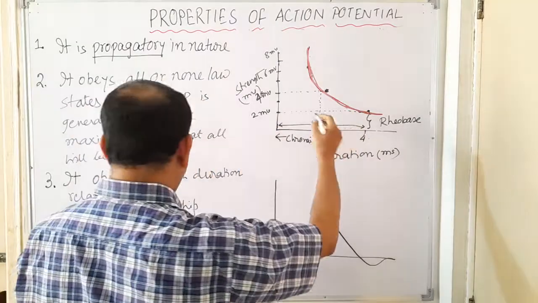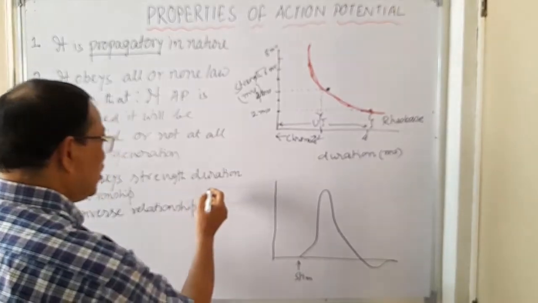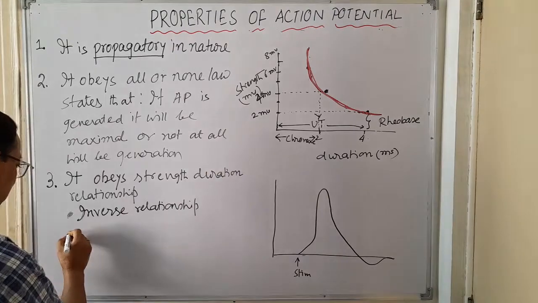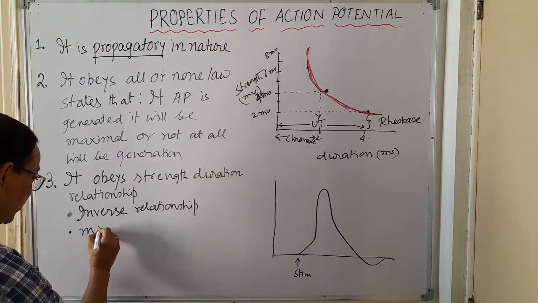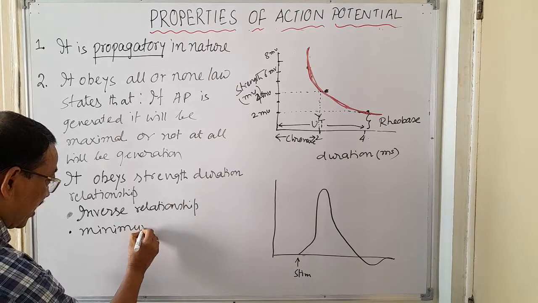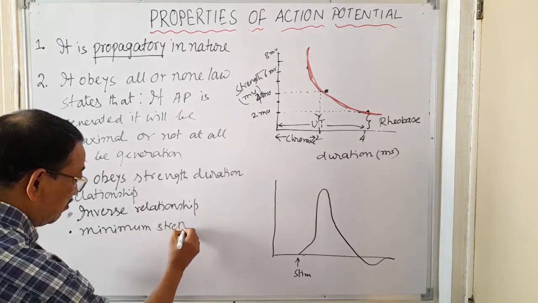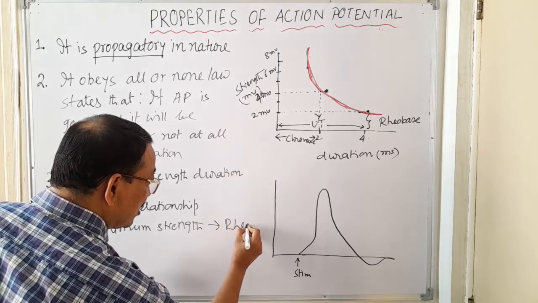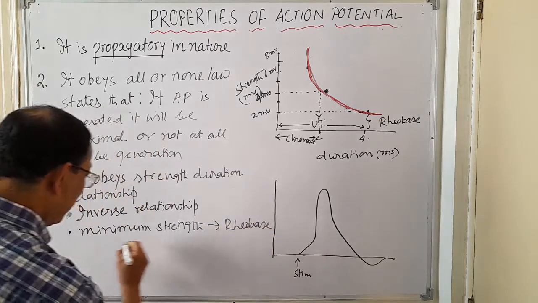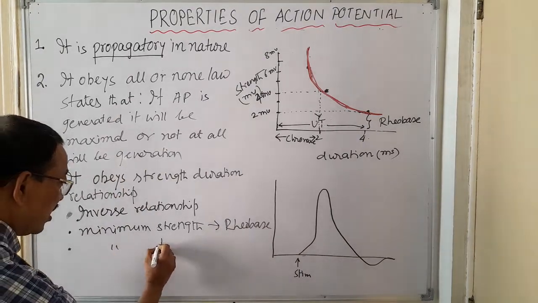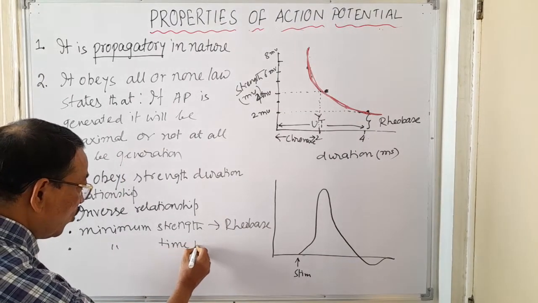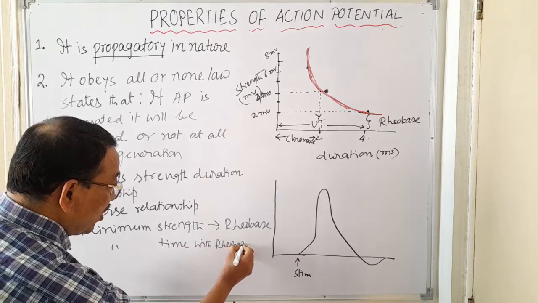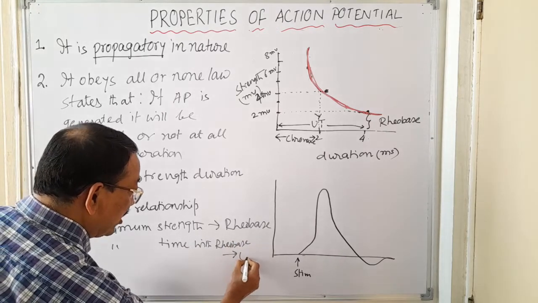So here you see there is an inverse relationship between the strength and the duration. The minimum strength that is required is known as the Rheobase voltage. The minimum duration or time with Rheobase voltage to induce the action potential is known as the utilization time.